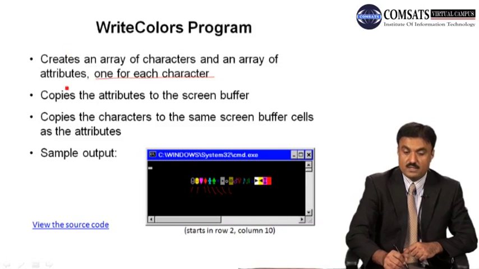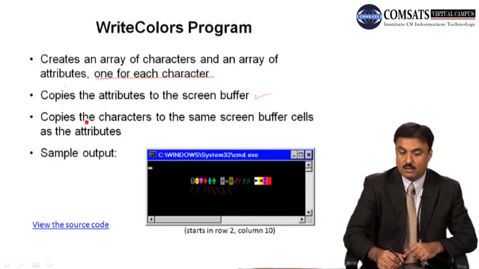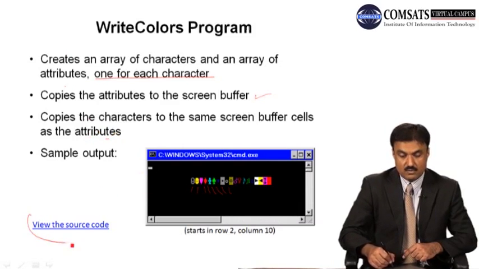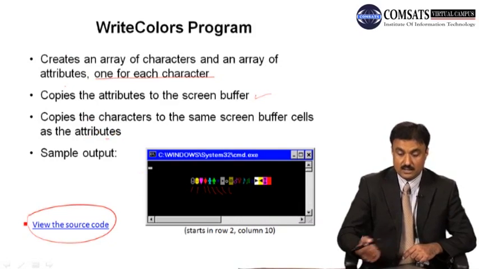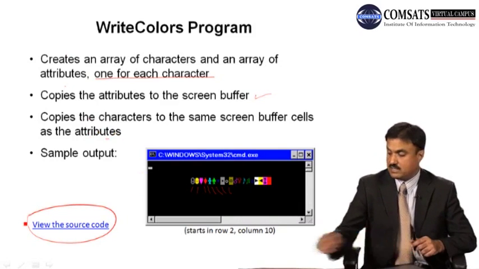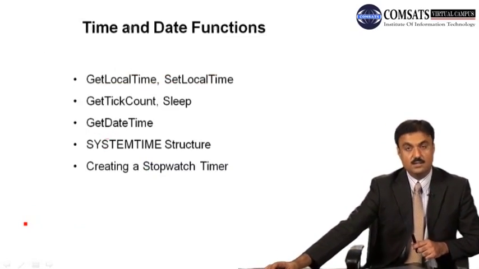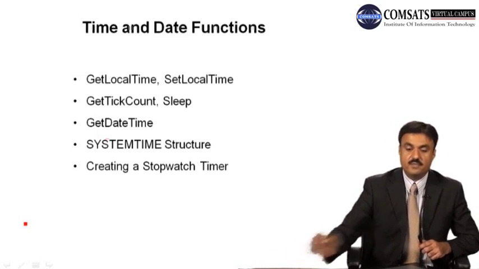So what we do is copy the attributes to the screen buffer, and then it will copy all the characters to the same screen buffer cells as the attributes. This code is available in the file in the book. If you want to see, it's very simple code, and you can easily understand it.